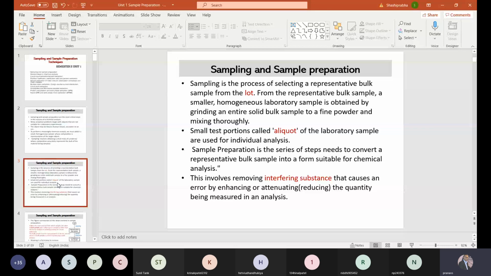One of the major problems is the matrix, the substances which are present in that sample, which may interfere with analysis. That means interfering substances that can cause some sort of error in analysis in real samples are a major bottleneck in sample preparation and subsequent analysis.